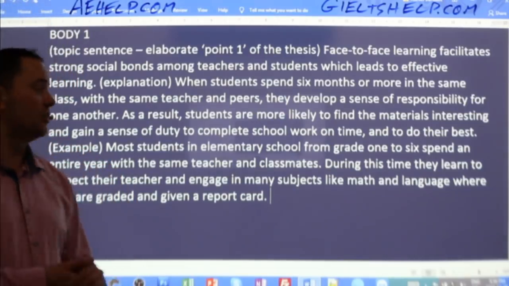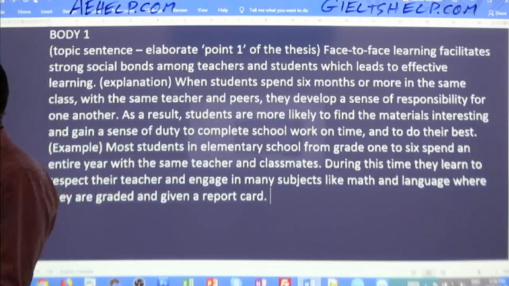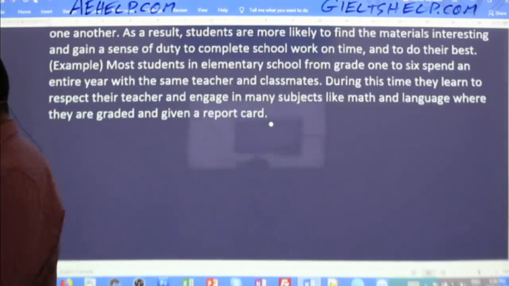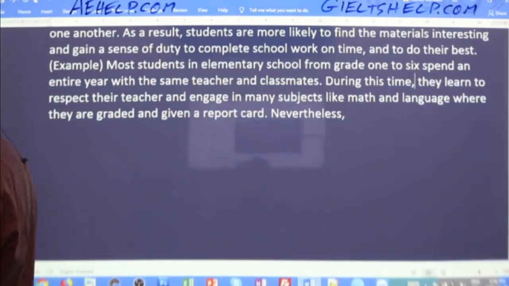Okay, so that's our example. Now we need to include the disadvantages as well in the same paragraph. Nevertheless, just throw a comma in here real quick.